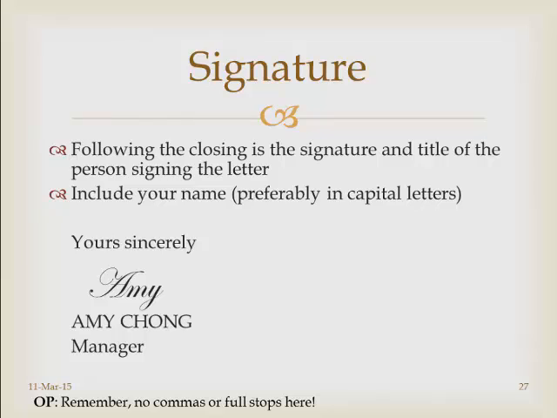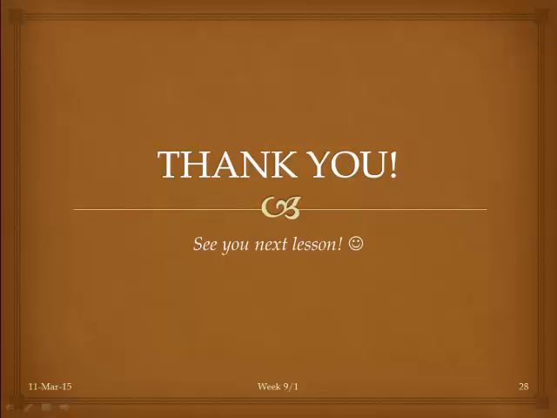Following the closing after "Yours sincerely", no comma, you have your signature, your name in capital letters, please, and your position. You may also want to include the name of your company. So that's about it.